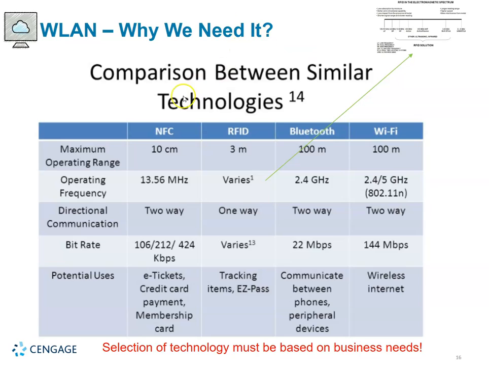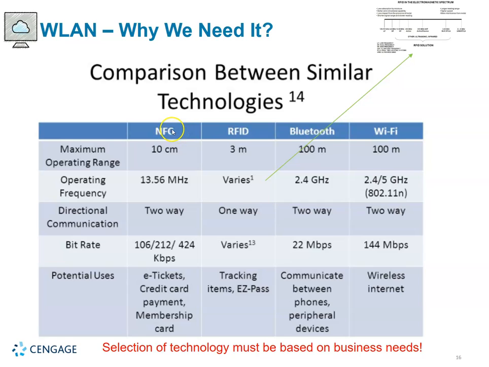Again, what we have here is a comparison chart that shows the different wireless technologies across a range of attributes: operating range, operating frequency, is it one-way or two-way communication, what's the data rate or bit rate, and where is it used? What are the potential uses?